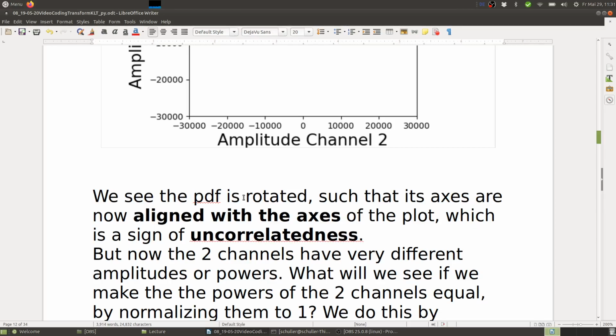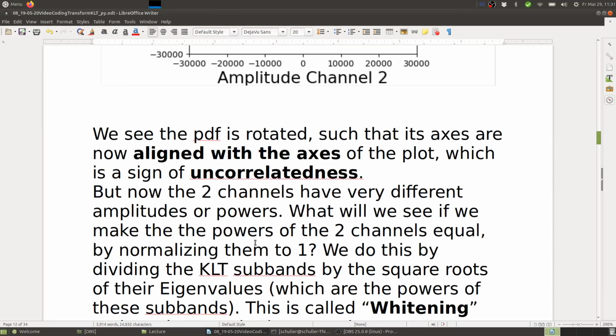So we see the PDF is rotated such that its axes are now aligned with the axes of the plot, which is a sign of uncorrelatedness. So it's indeed uncorrelated. But now the two channels have very different amplitudes or power. So what will we see if we make the powers of the two channels equal by normalizing them to 1?